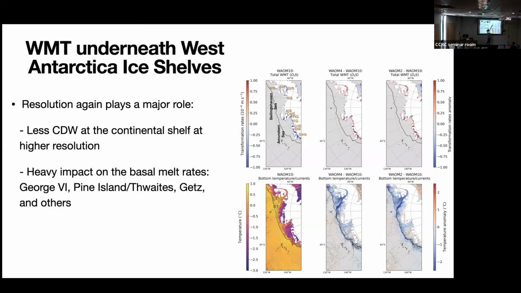This causes a lot of melting, and also melting in the Amundsen Sea because of this intrusion. But when you increase the resolution, we see all these cold biases here. So there's a lot less heat reaching the ice shelves in West Antarctica in the former.